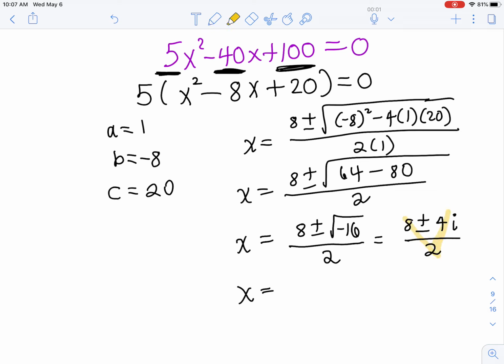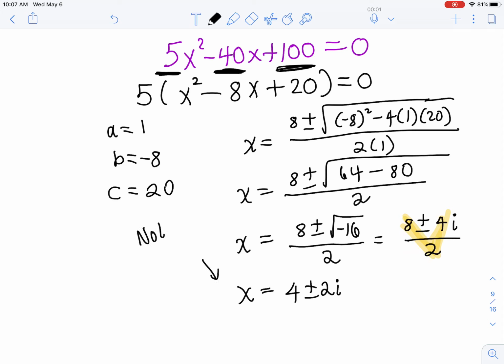We're talking about going in the imaginary direction to the east this time with that i. When the discriminant comes out to be negative, you know there's no real solution. If you want to list your imaginary solutions, you're talking about going 4 plus 2i miles to the east or 4 minus 2i miles to the east.